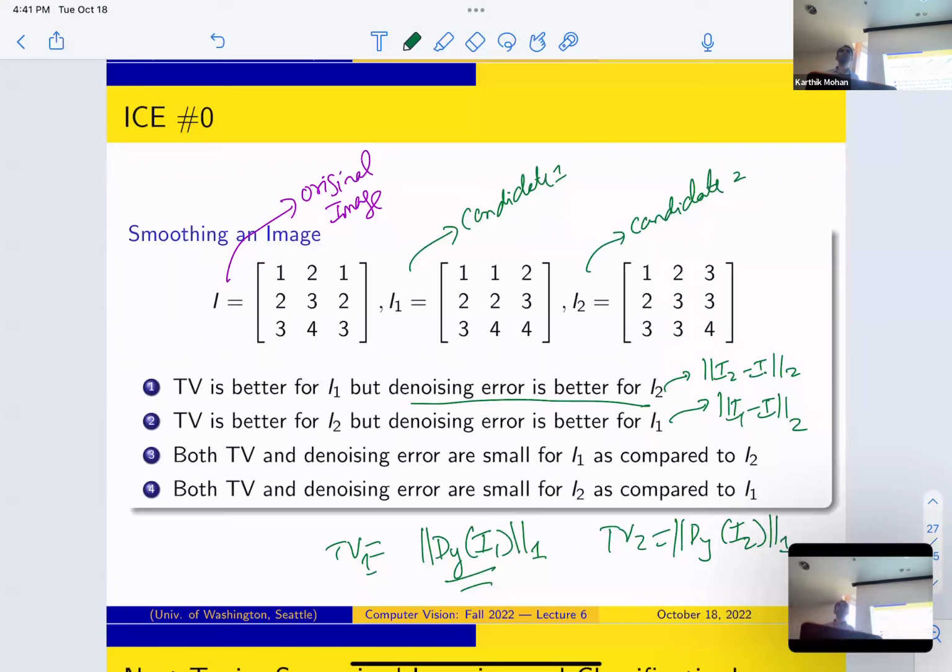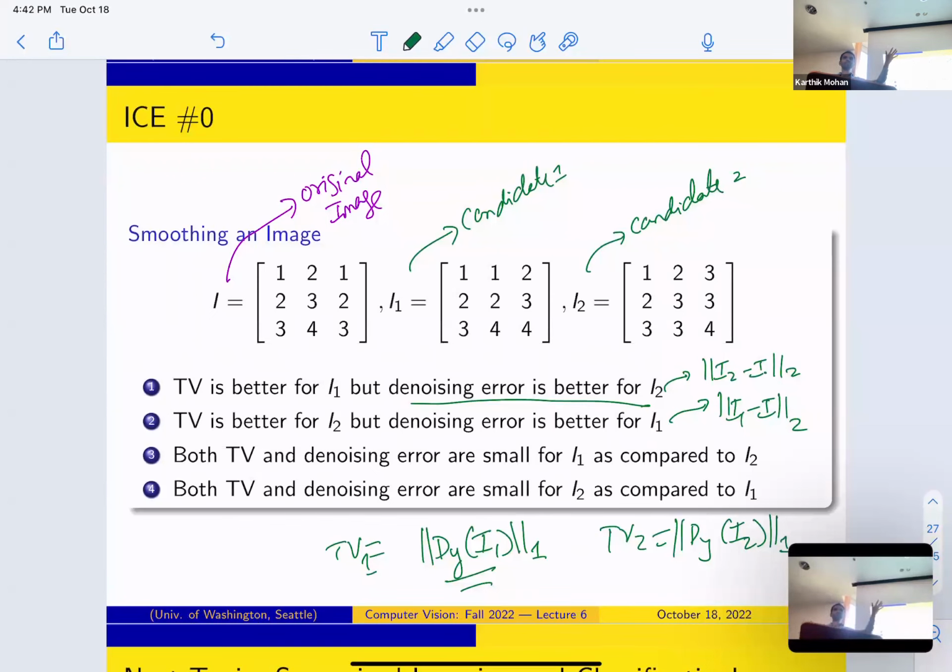What might be the optimal ratio of TV versus similarity? Yeah, so it's a trade-off, right? Here, in this case, your candidates are such that one is somehow better than the other on both the metrics. But usually there's a trade-off.